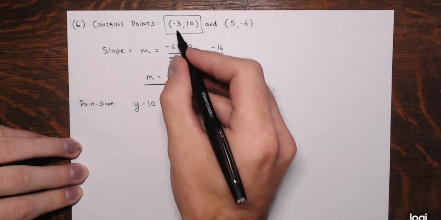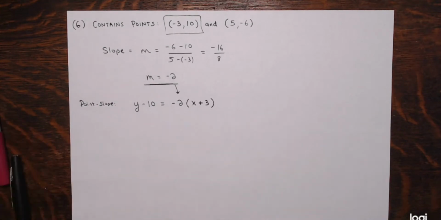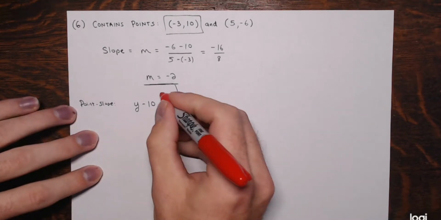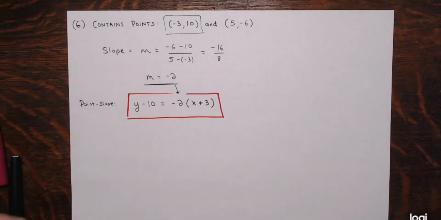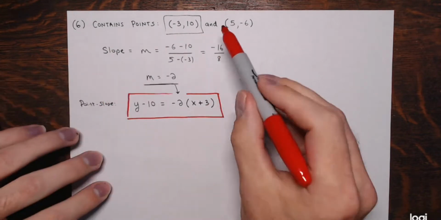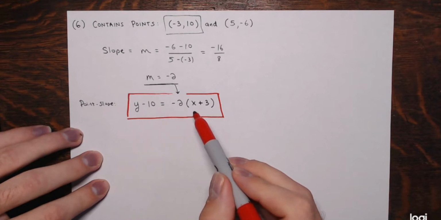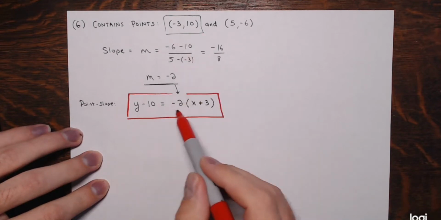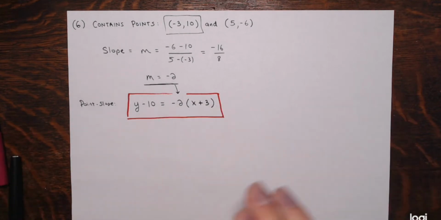But that's x plus 3. x minus negative 3, and there you go. This equation is the equation of the line that they described. It would have this point in it and this point. And you can check: replace x with 5 and y with negative 6, and you'll see that this is a true statement. Replace x with negative 3 and y with 10, you'll see this is a true statement. And you can find other points by making a table and such.